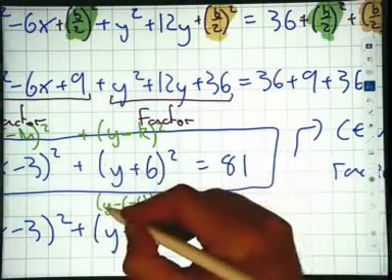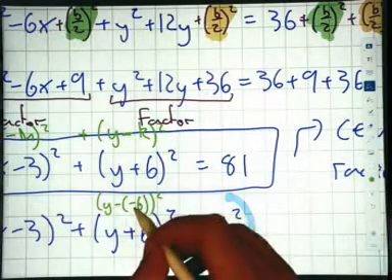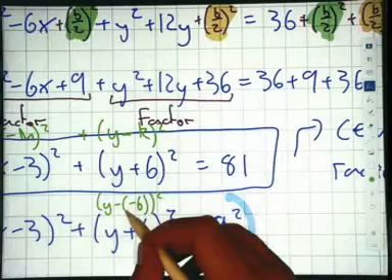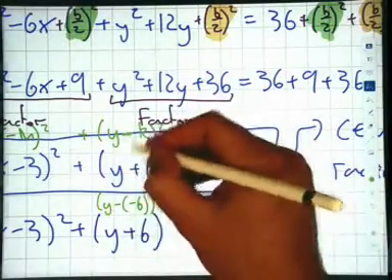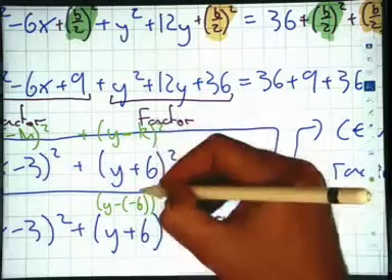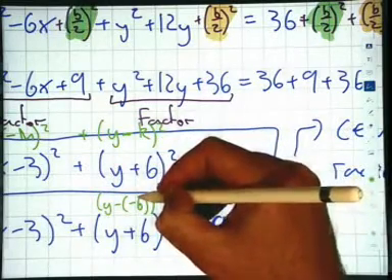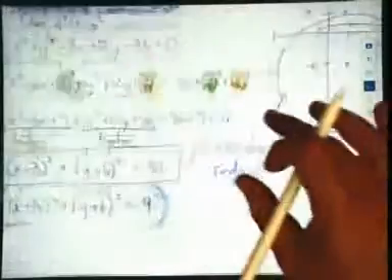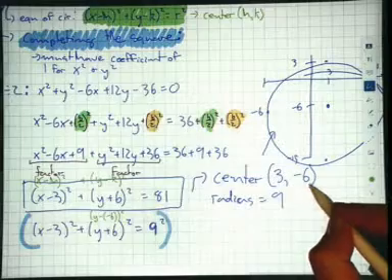Y plus 6 is the same thing as y minus a negative 6. What do those two negative signs do? They come together to make a plus sign. So now you have the y minus k. Well, in this case, k is a negative 6. So that's why the center back here is at negative 6.